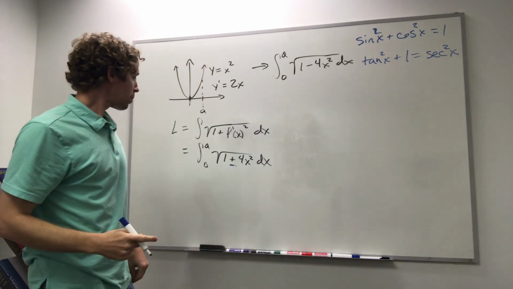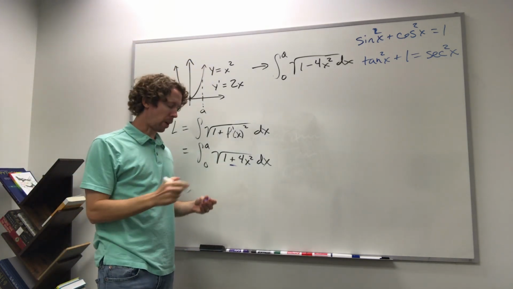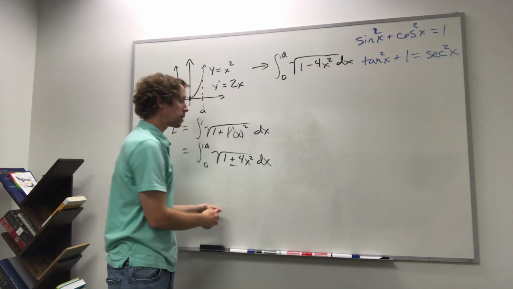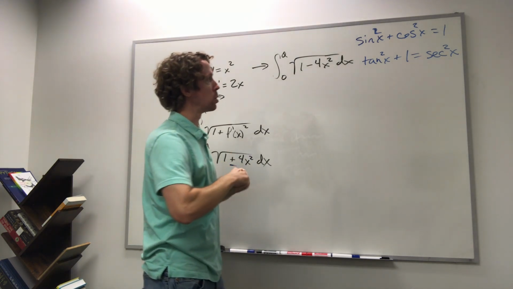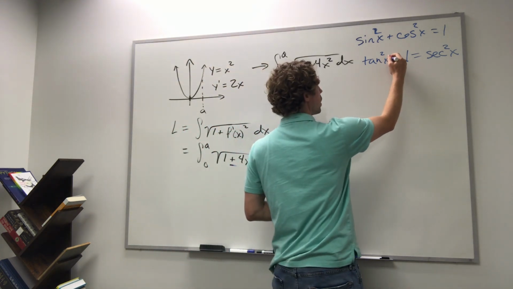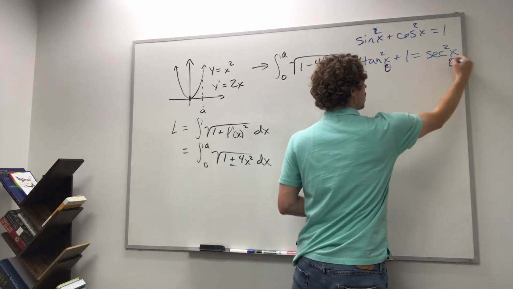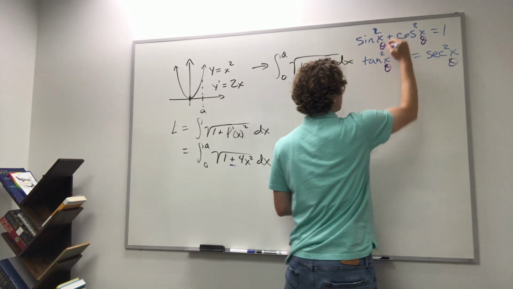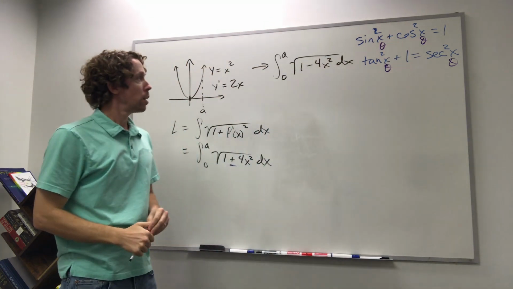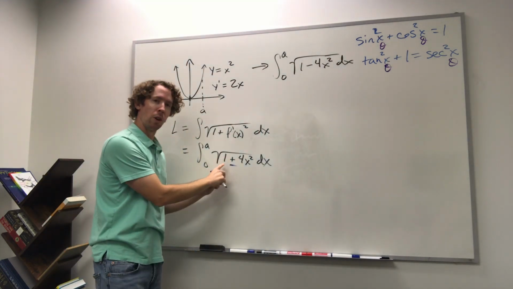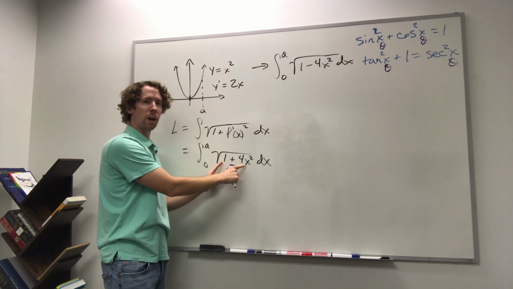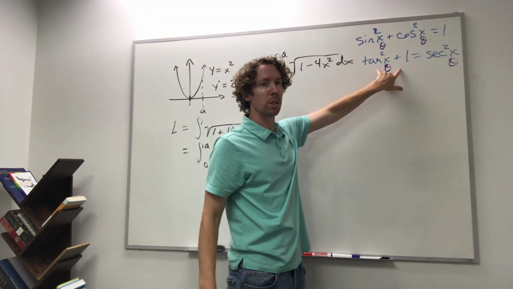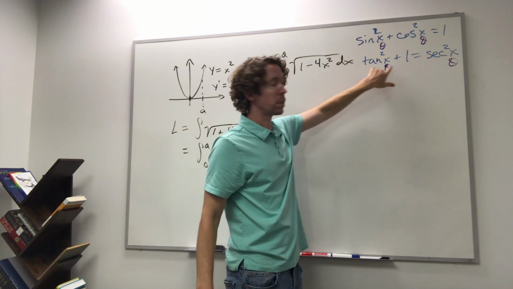And it's probably better if I use the variable of theta, or just something besides x, since I have x's in my original problem. So I'll think of these as thetas instead of x. All right. Notice here, 1 plus 4x squared is kind of this form, 1 plus tangent squared.